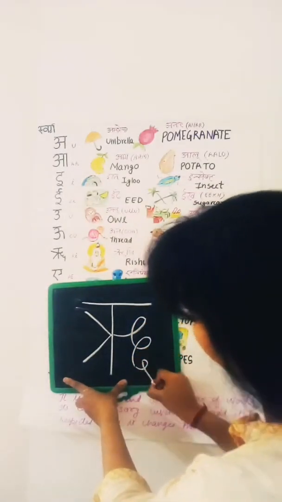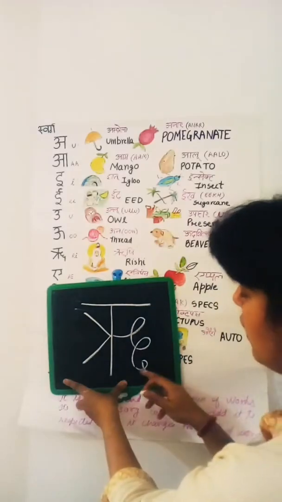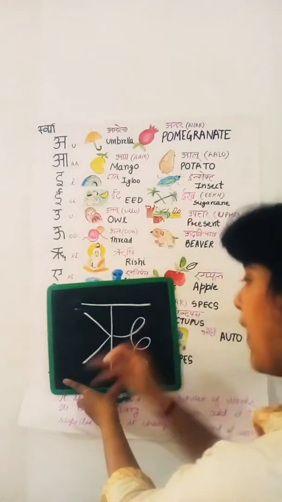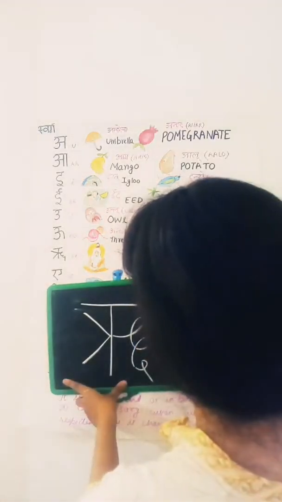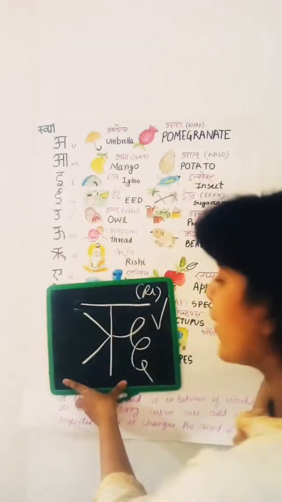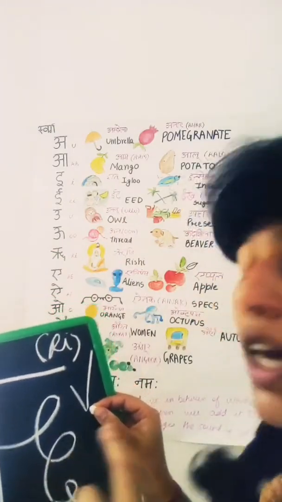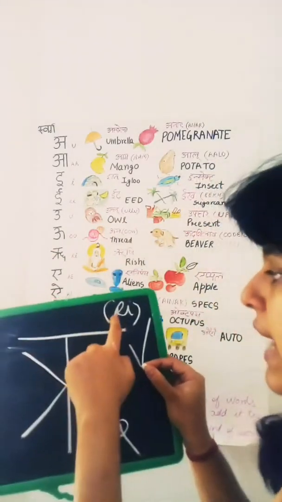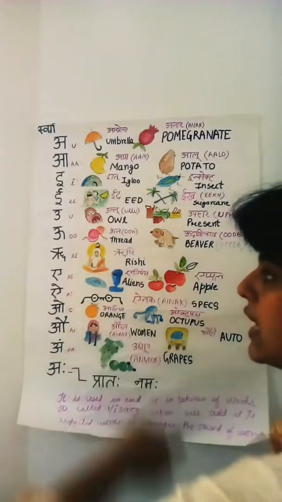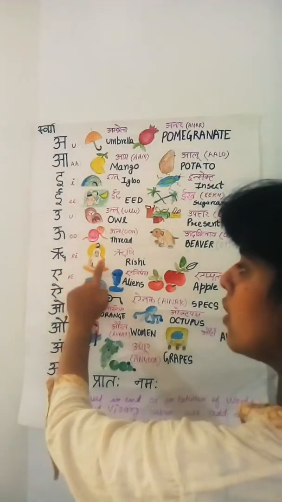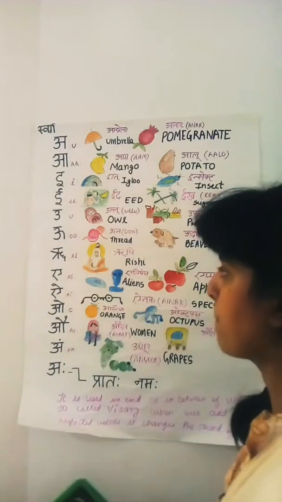And then again slowly, a small arc in the end, and then the letter becomes Ri. Ri for Rishi. Right?